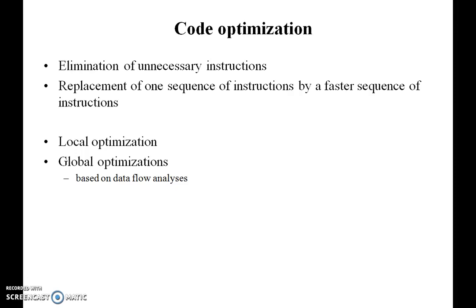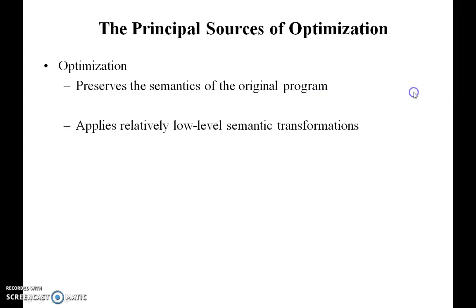The purpose of this code optimization is to optimize the coding, and it will improve the efficiency of compiler. That is why we are saying that the optimization is mainly used for elimination of unnecessary instructions, that means the redundancy of data. It also improves the codings, and improves the efficiency of compiler and faster sequence.